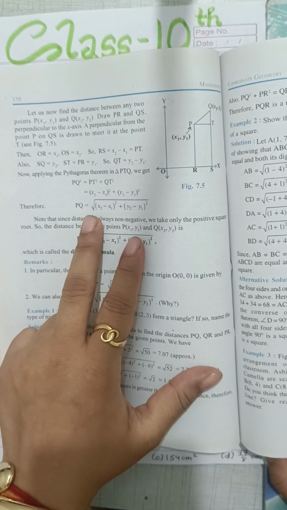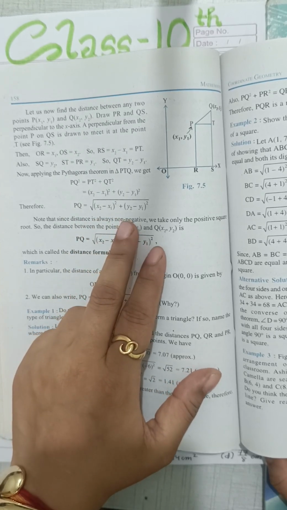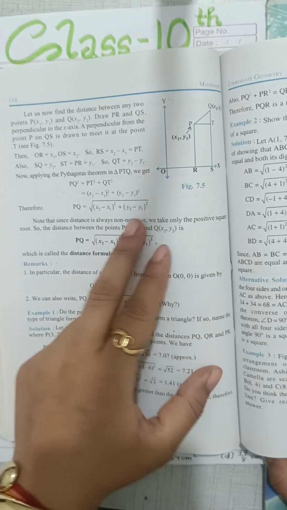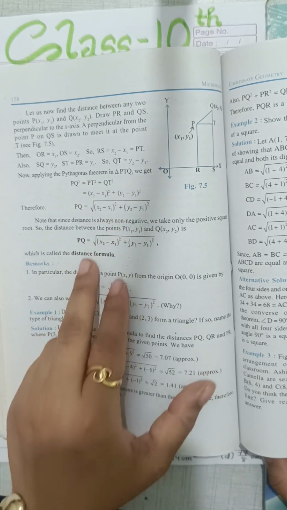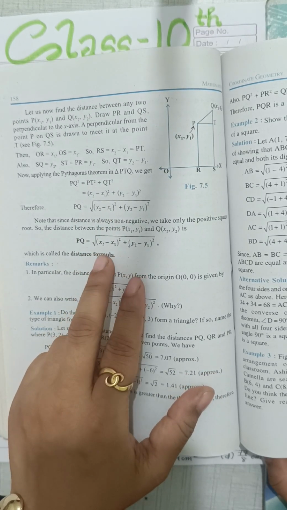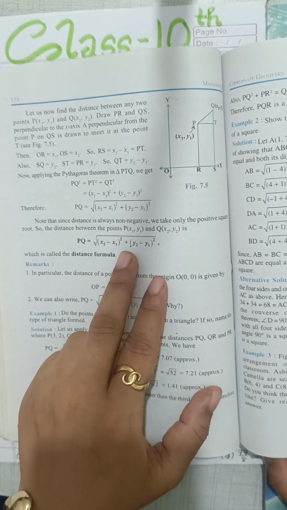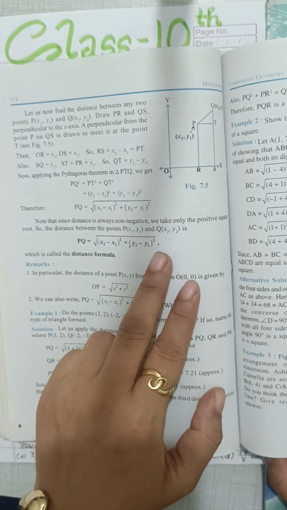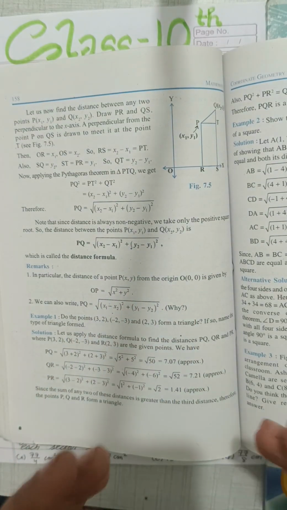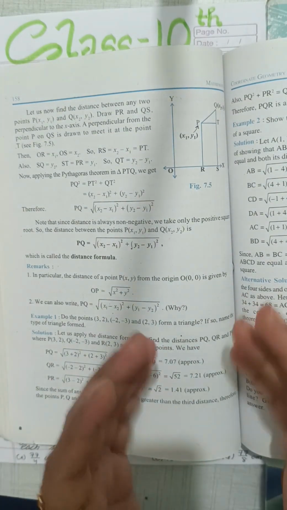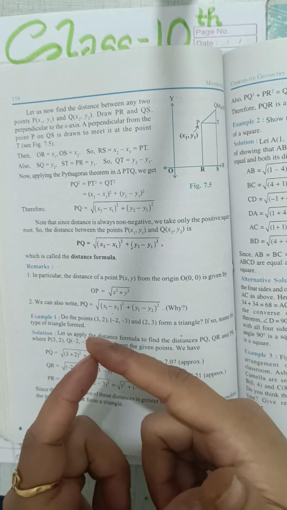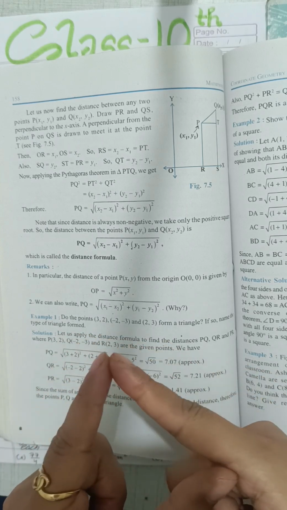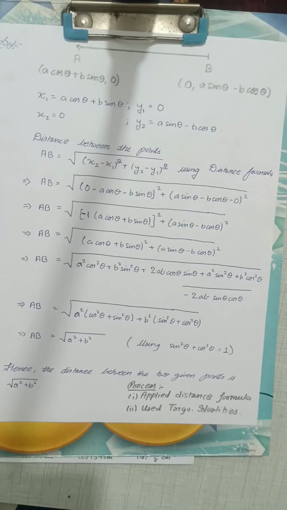We are applying PQ is equal to under root of (x2 minus x1) whole square plus (y2 minus y1) whole square. We are not seeing the derivation, just the formula. What is this formula called? This formula is called the distance formula, because we are finding the distance between these 2 points.